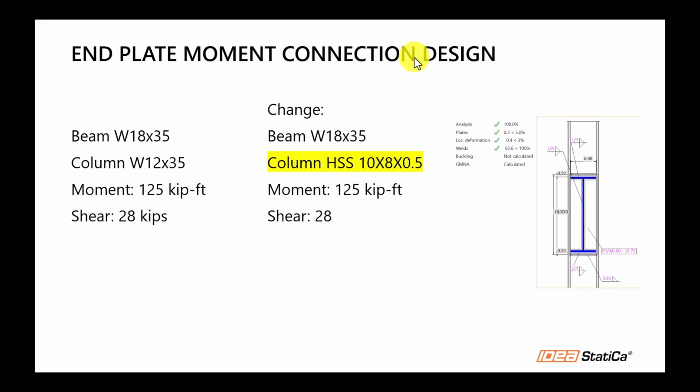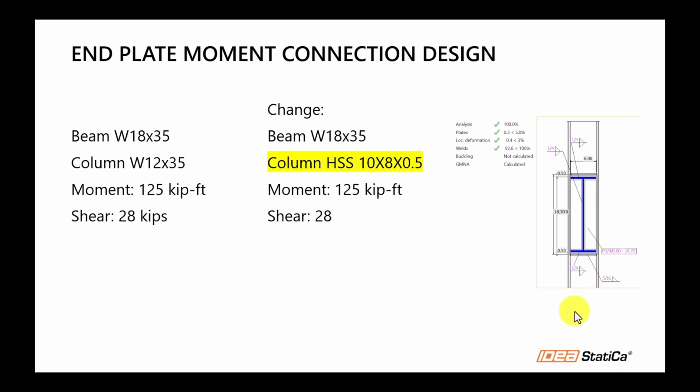So we saw that the change can be very quick. You just change the profile section, then review the design, check that everything is complying, and modify as needed. This was the final design of that connection, and it took us less than 2 minutes to modify it and review the design.